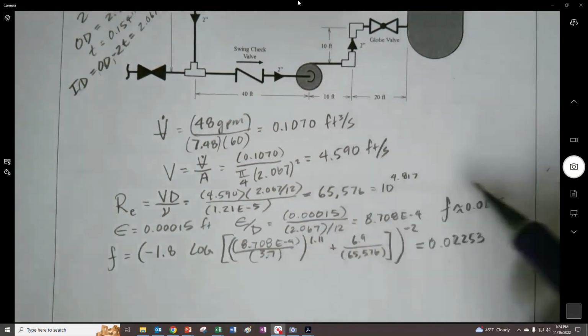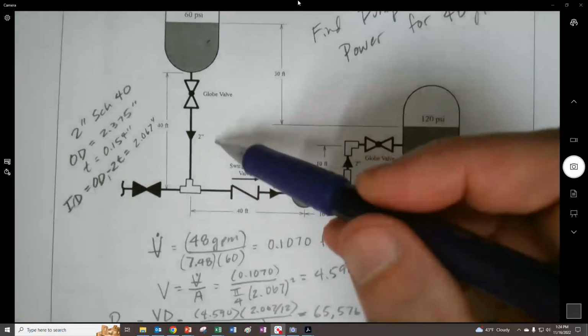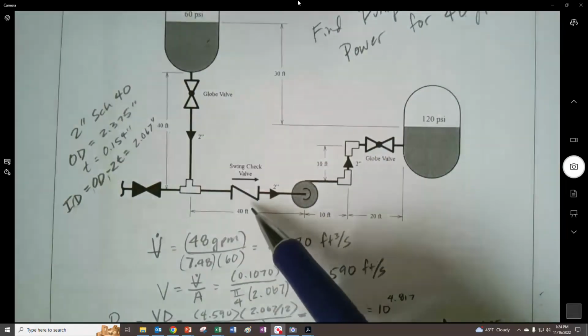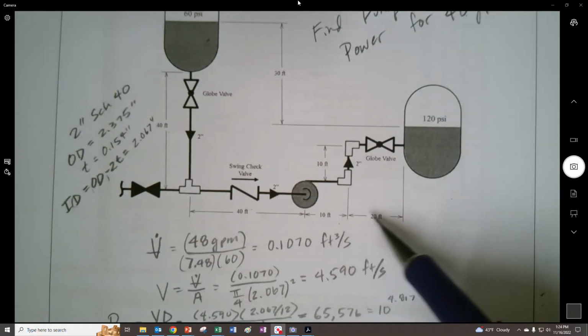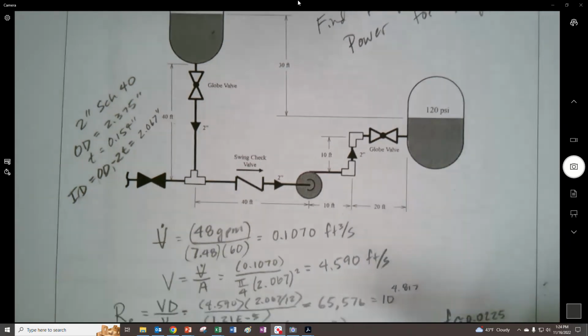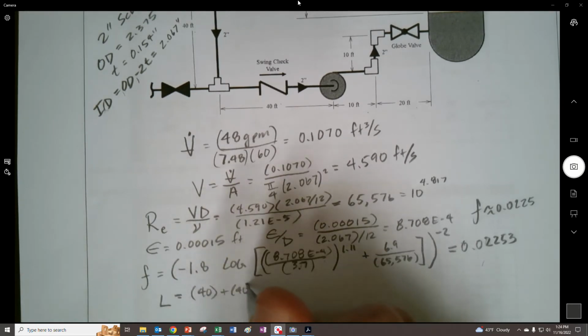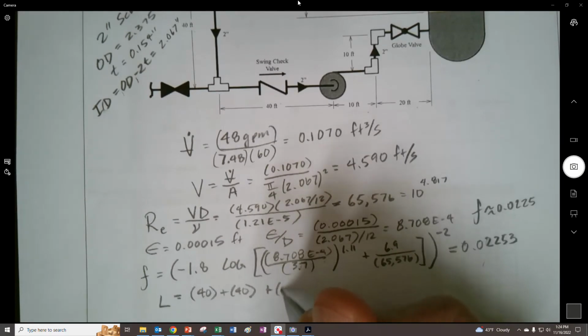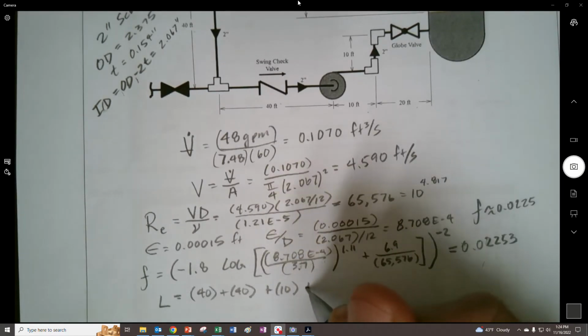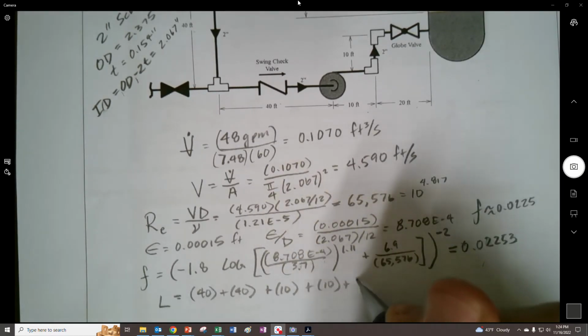So anyway, we want to get first now the total length of pipe. So there's 40 feet, 10 feet, 20 feet, 10 feet. All right, so let's call it an L. Sometimes I use lowercase. So it's 40 plus 40 plus 10 plus 10 plus 20.